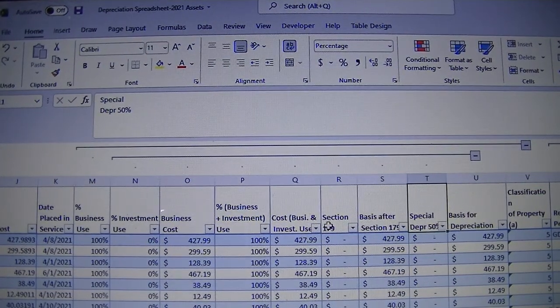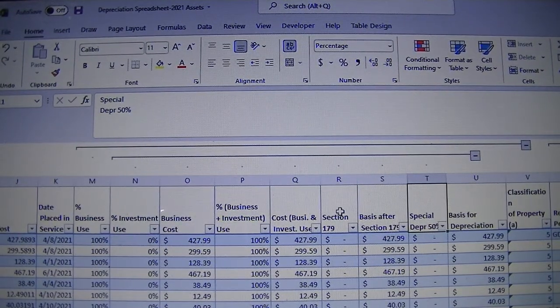So pretty much section 179 allows you to deduct the full cost of your depreciable asset in the year you place it in service. And you can only take it that first year, and you have the option to take an additional special depreciation as well.